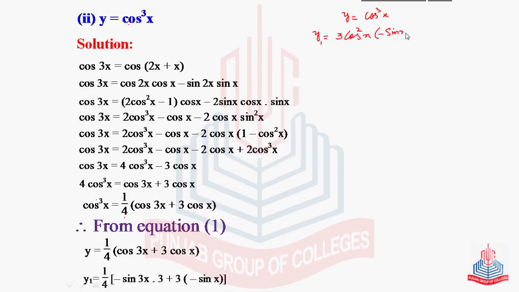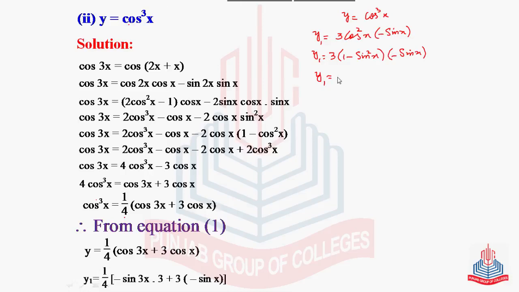Here we have two trigonometric functions, so before proceeding to the next derivative, we can change this cos square in terms of sine so that we have only one trigonometric function. That will become 1 minus sine square x into minus sine x.